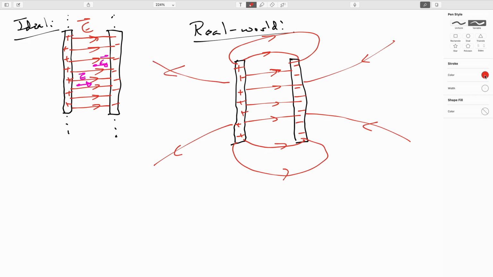So what we have outside the capacitor is what gets called the fringe field, and it's much weaker than what's inside.